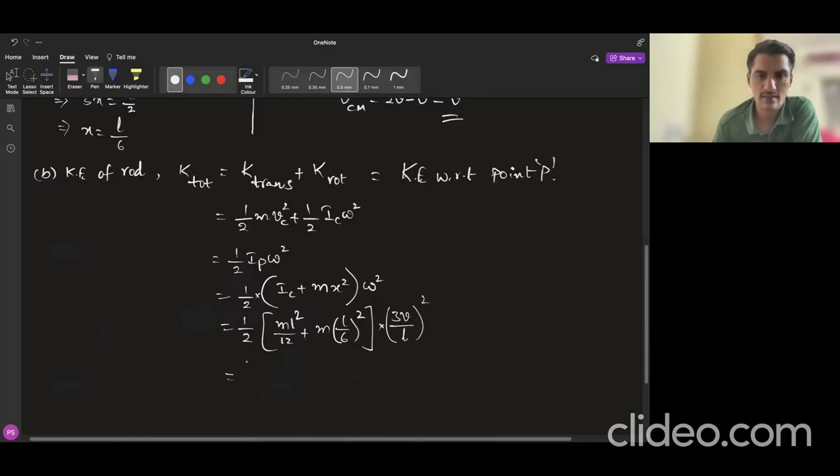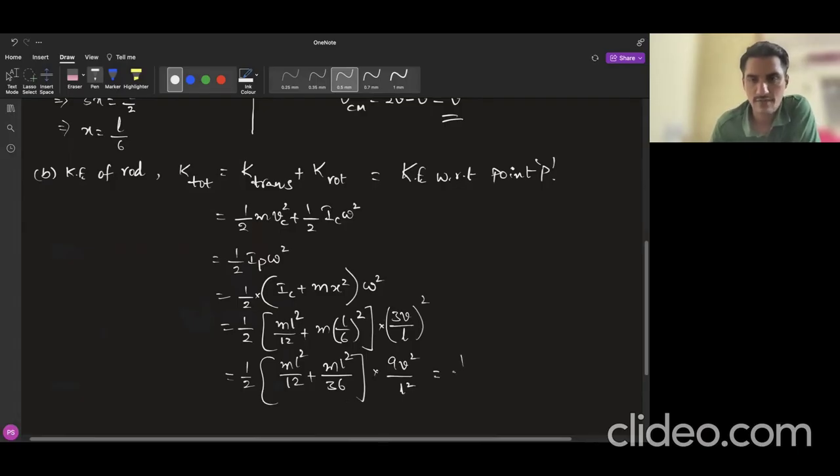Now let us simplify this. ml square by 12 plus ml square by 36 into 9v square by L square. Yes or no?